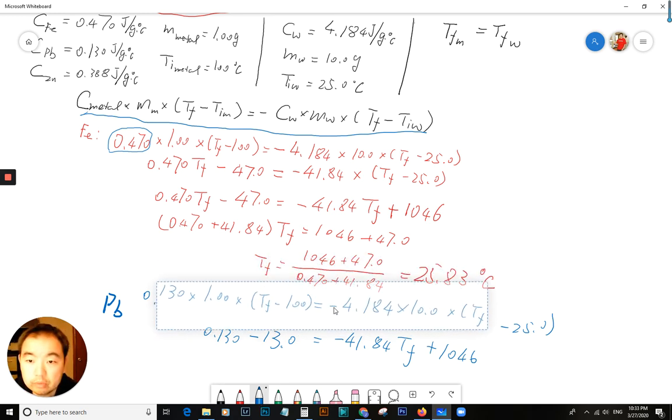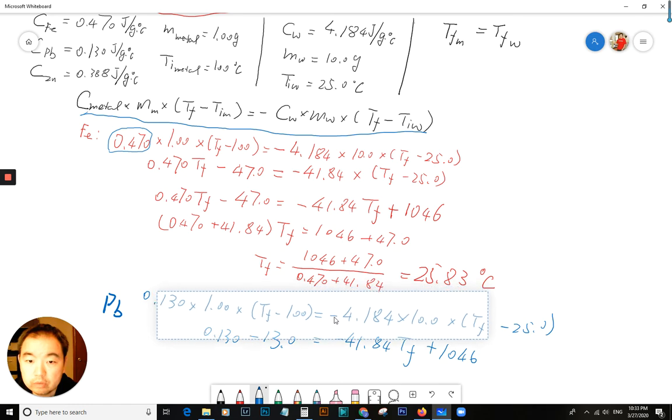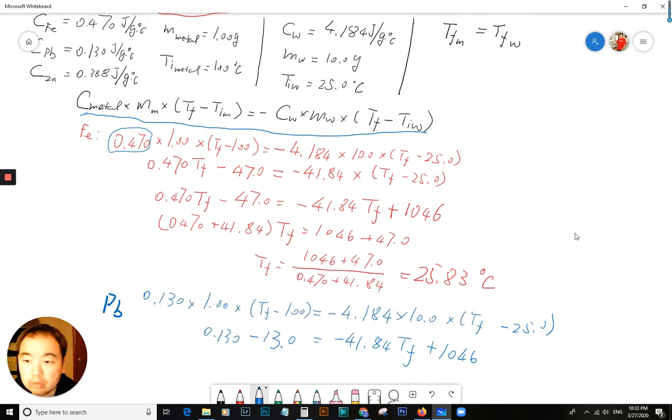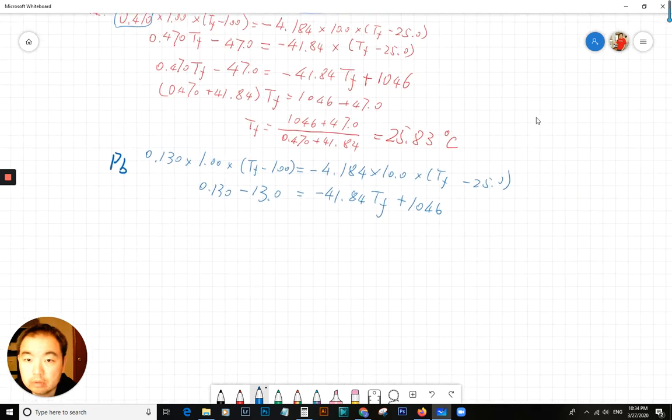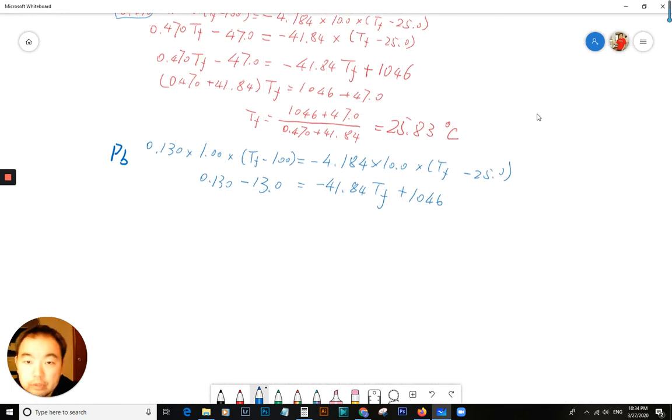Let's move down a little bit to finish the calculation. We put the unknown on the left side and the numbers on the right side.